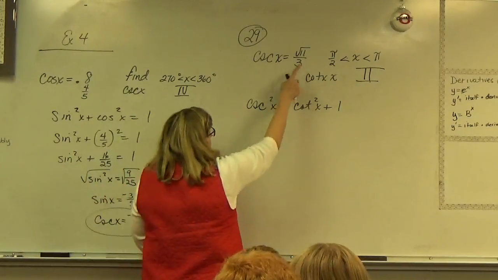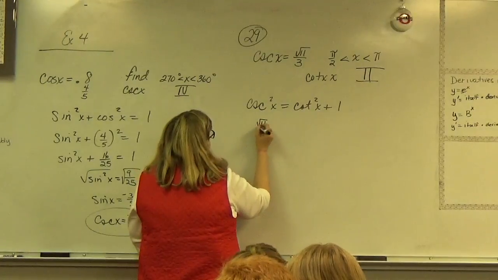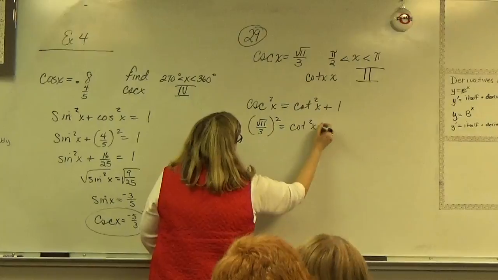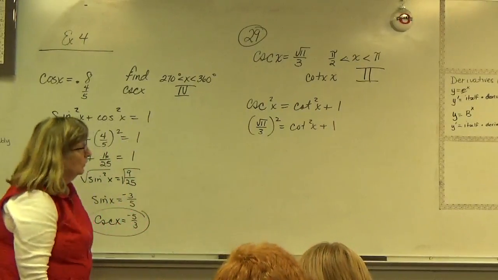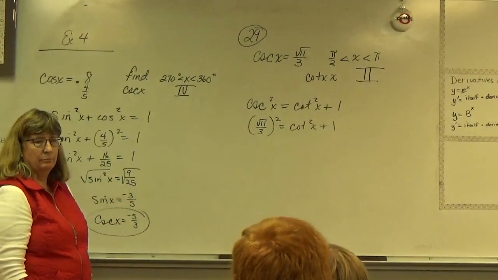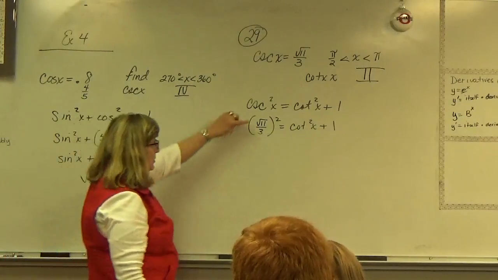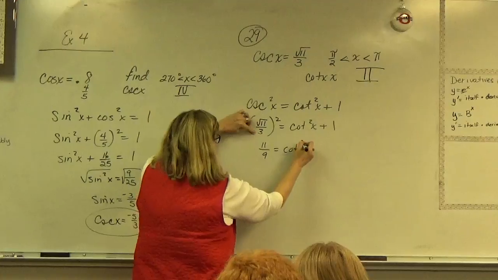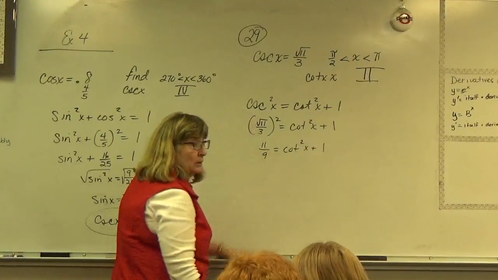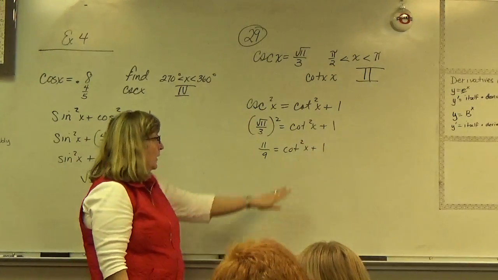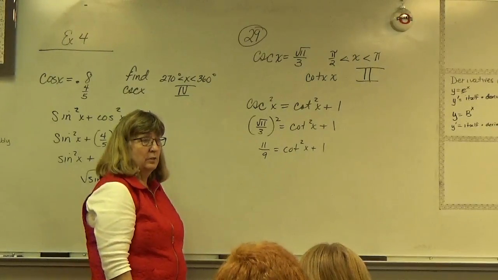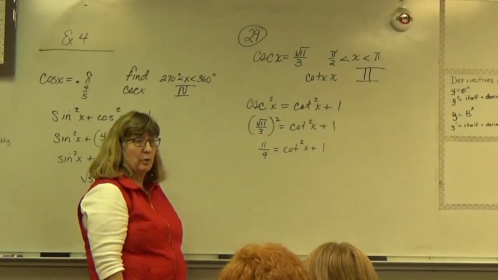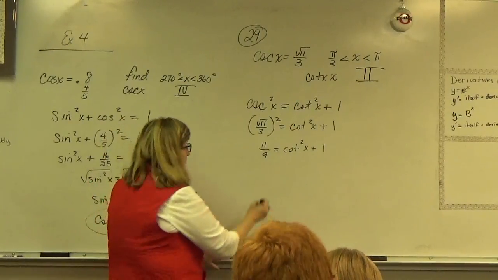If I sub this in place of cosecant, what do you get when you square that? 11 ninths. When you square a radical, you get itself. When you square 3, you get 9. Now what do I have to do to get cotangent by itself? Subtract 1. So what's 11 ninths take away 1? 2 ninths.